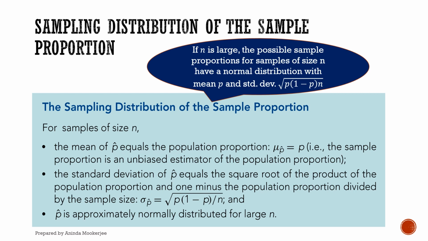And that is going to be analogous to what we had studied previously when we were doing the one mean hypothesis test. If you remember, we said about the distribution of one mean hypothesis test that the mean of all the sample means is always equal to the population mean.